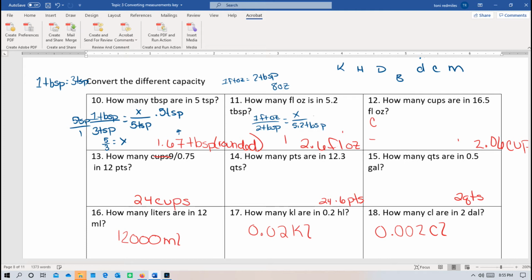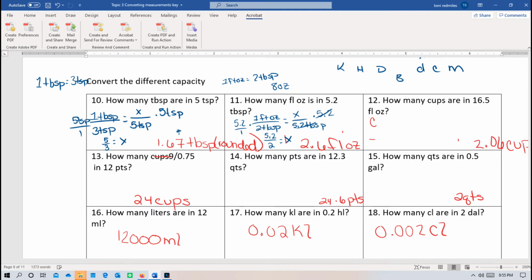All right, so now I got to multiply both sides by 5.2. It's going to cancel over here, and that is going to be 5.2 over 2 equals x. When I do this division, I get 2.6 fluid ounces.